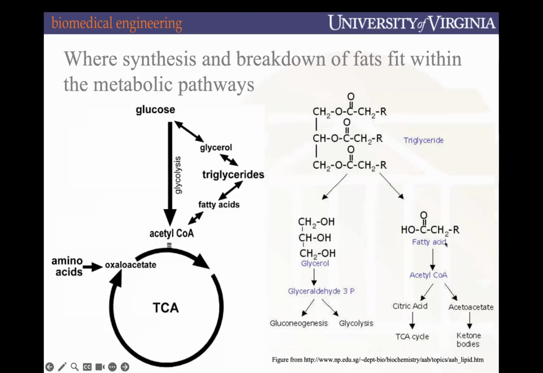These fatty acids are processed via beta oxidation, from everything on the last slide. That's how we go from fatty acids to acetyl-CoA. So acetyl-CoA can either plug into the TCA cycle, or it can go toward becoming ketone bodies. That's a structure that we're going to talk about a little bit more in the next lecture.